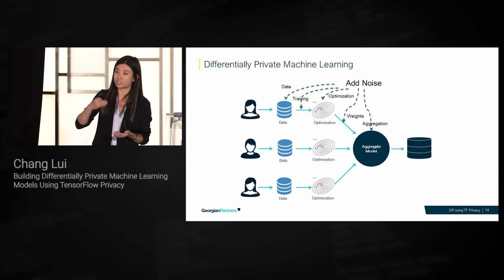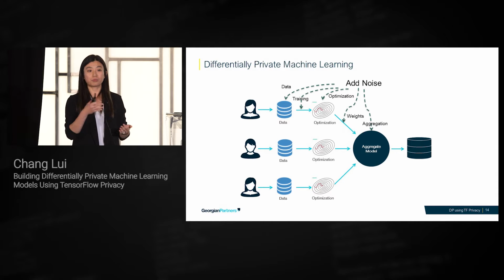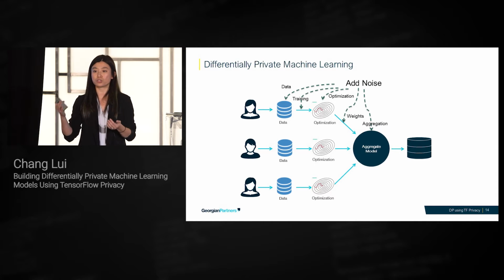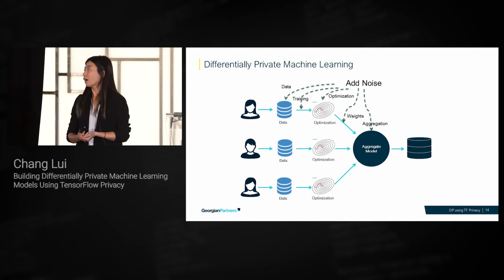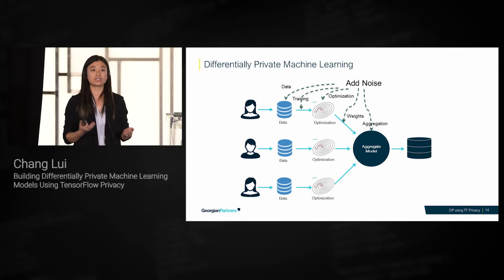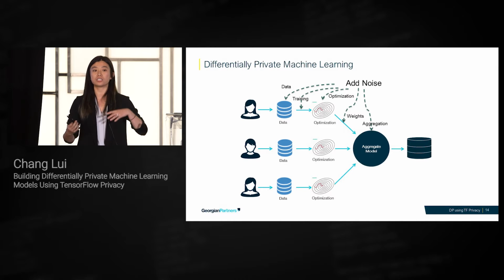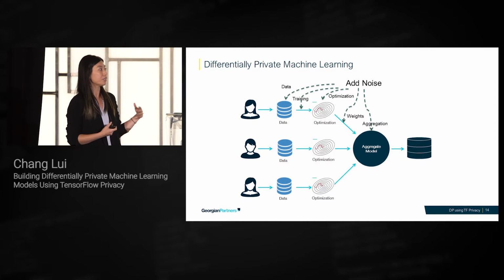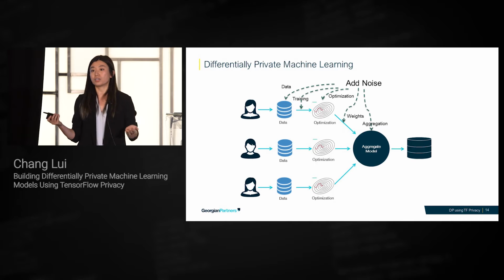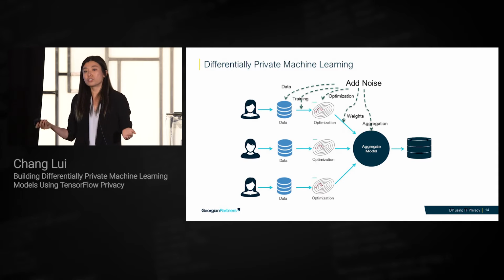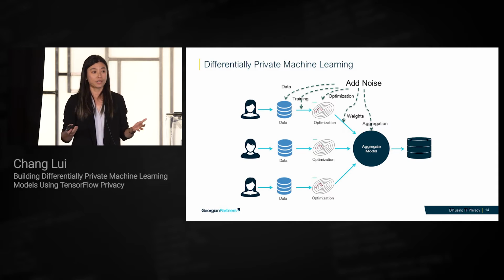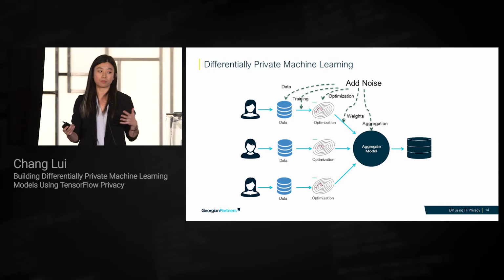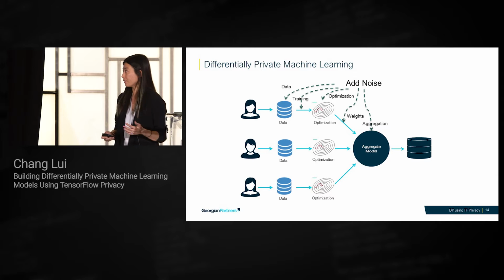You can inject noise directly into your data set, like what we were doing in the exercise, where we flipped half of our answers into random answers. You can inject it into the training process, the optimization process. You can inject it into your gradients. You can add it to your computed weights. You can also inject it into the aggregation process. So there are multiple ways of doing so, and there exist multiple algorithms for doing that.